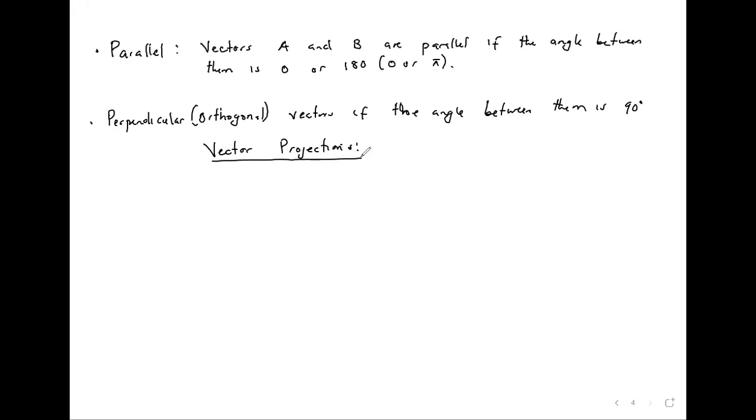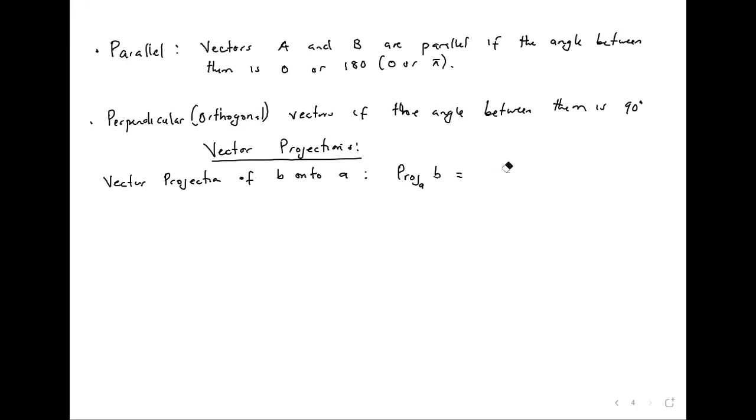Then we have the projection, vector projections. So you say the vector projection of vector B onto vector A is written as projection of B on A is given as A dot B. So B only appears once.